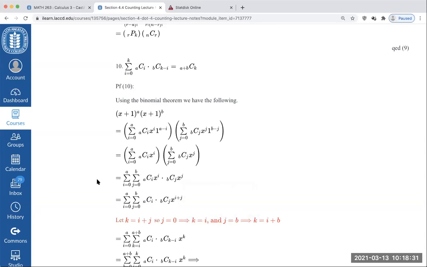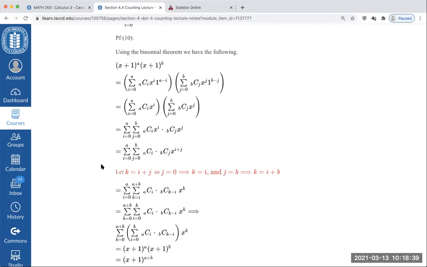By the properties of exponents, this is just x to the power i plus j. Let k equal i plus j, so this exponent i plus j becomes just x to the k. Since k is equal to i plus j, then j is equal to k minus i, so bCj becomes bC k minus i. aCi is just aCi.